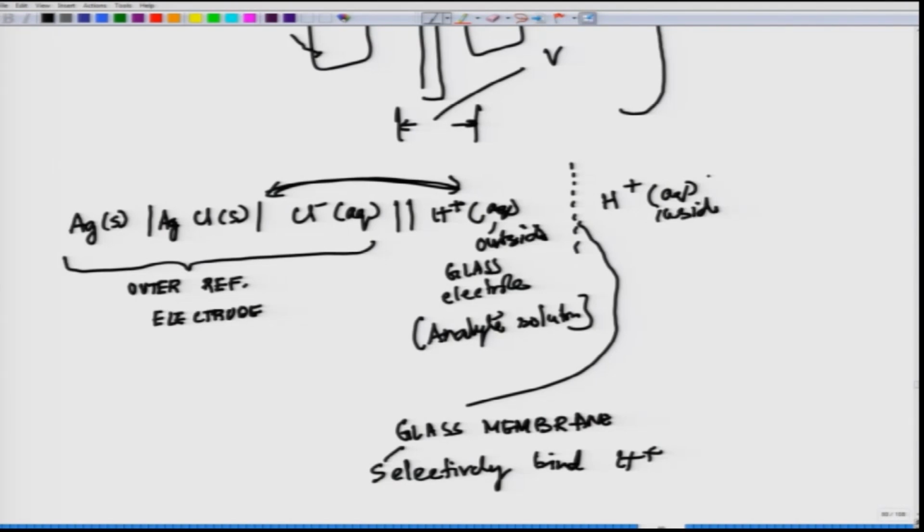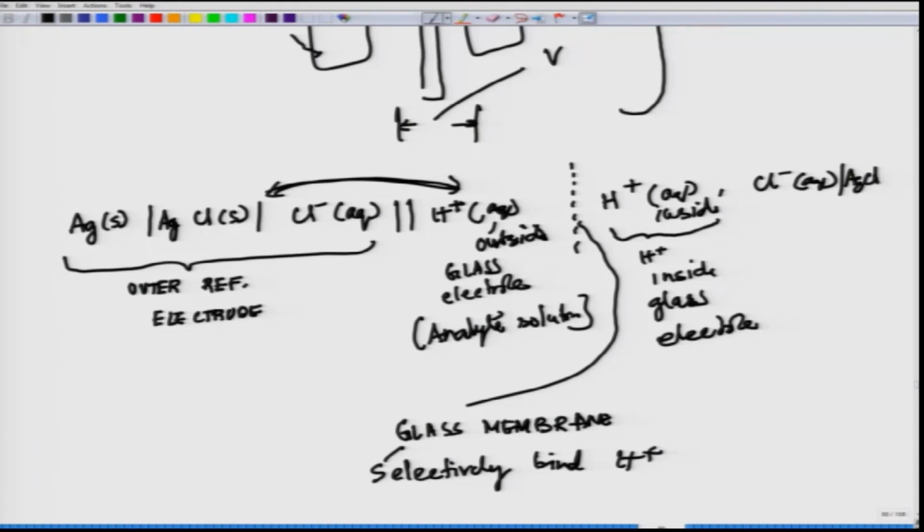Once I draw the picture, it will make sense, with Cl minus aqueous. So, this is what we have as H plus inside the glass electrode, and then you have the inner reference, which is Cl minus, AgCl solid, Ag solid.